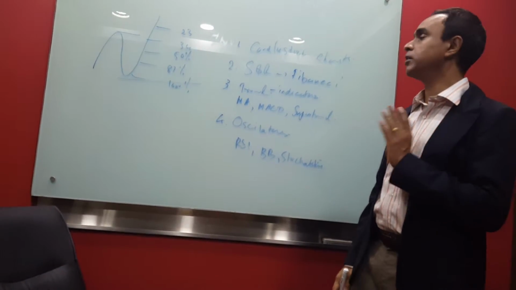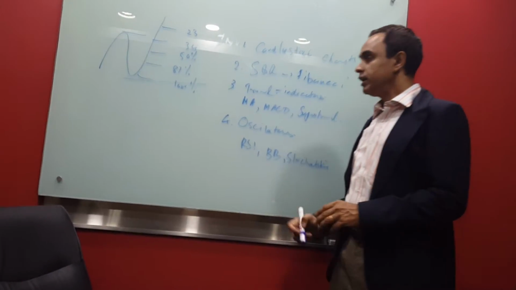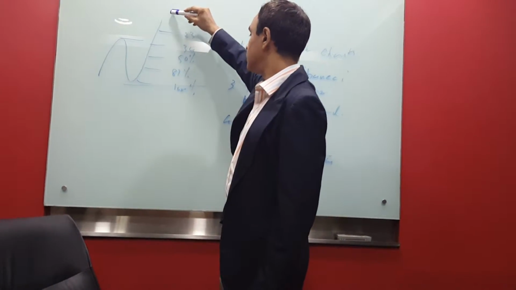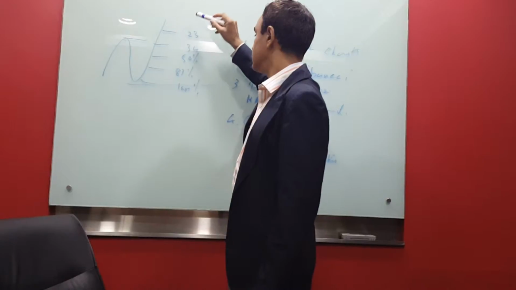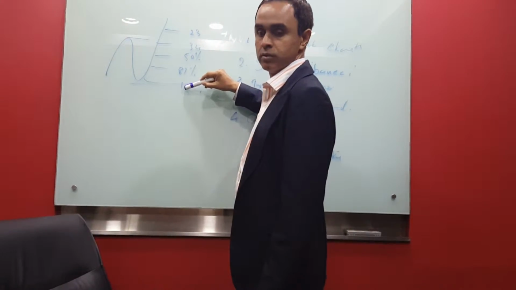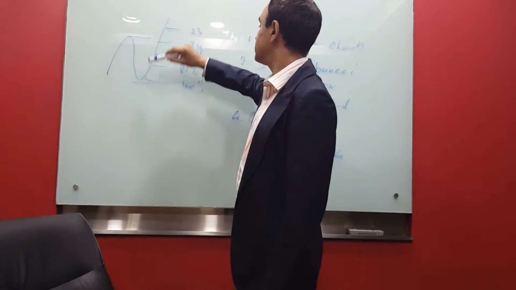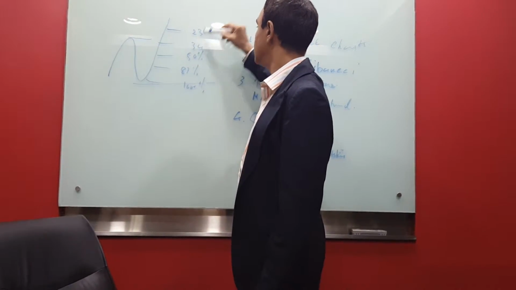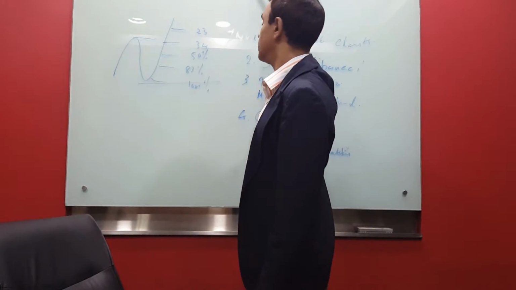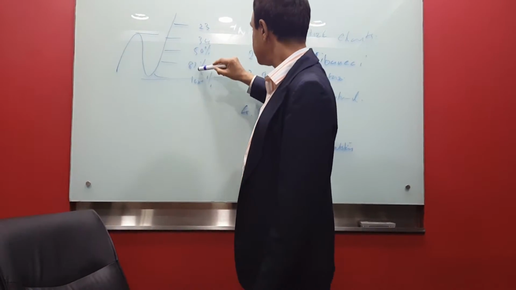But you can start studying about this. What he says is, when the price goes up and it starts retracing, it may retrace to any of these levels. It may retrace to 23% and then go up again, or it may retrace to 34% and then move up again, or it may retrace to 50% and move up again.